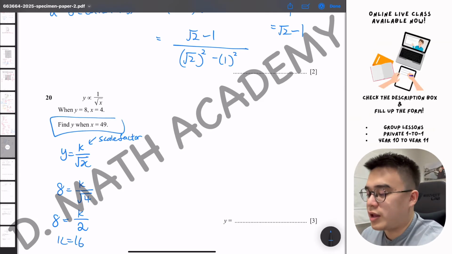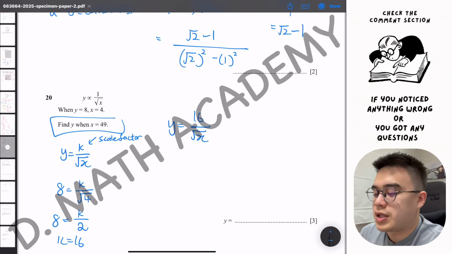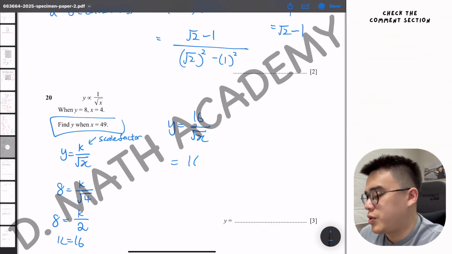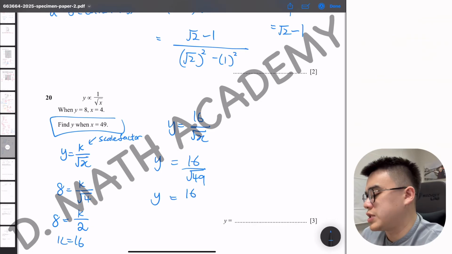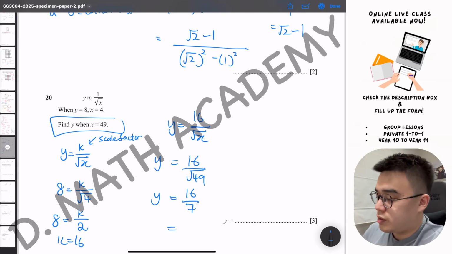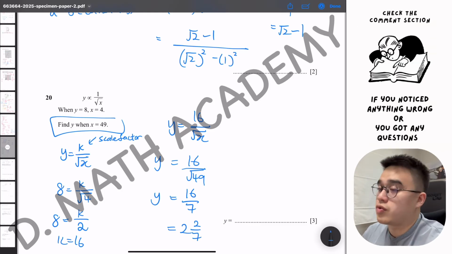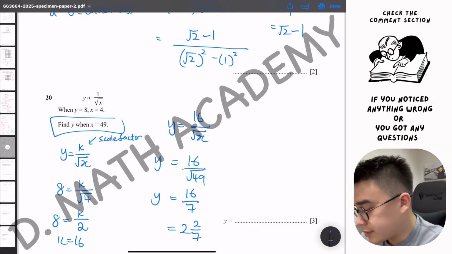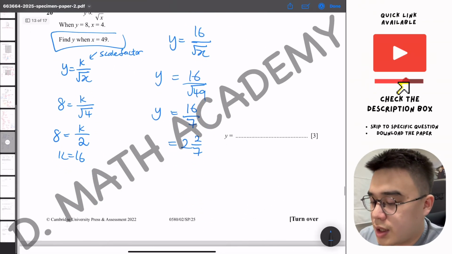And then when we find this, please remember to update your 16 first, then sub it in, which you have 16 over square root 49. Your y turns out to be 16 over 7, which can be further simplified as 2 2/7. That's your final answer for question 20.